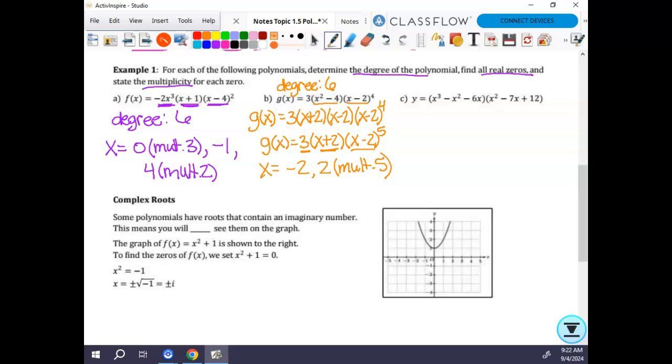All right, C, what is our degree here? What do you think? What's x squared times x to the third? X to the fifth, right? You add your exponents. Then I have to factor. So in that first one, do I have a GCF? Yes, it is x.